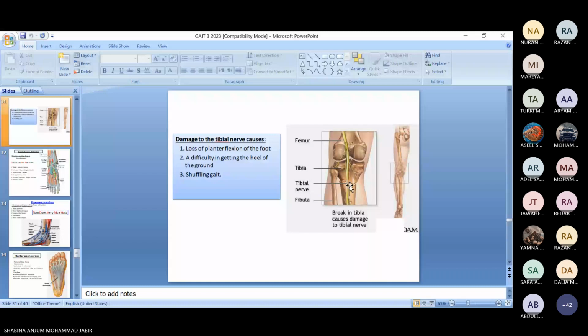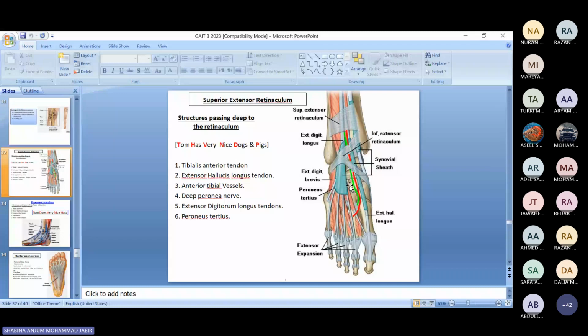Now, muscle arrangement: you cannot find all the muscles and their origins because we don't have models in which you can see all the muscles separately. But at the level of the extensor retinaculum, you can find some tendons. If you remember the arrangement, you can easily identify them. The first tendon is tibialis anterior.